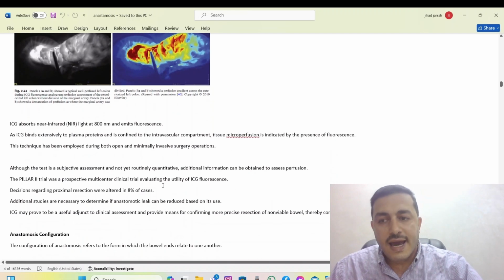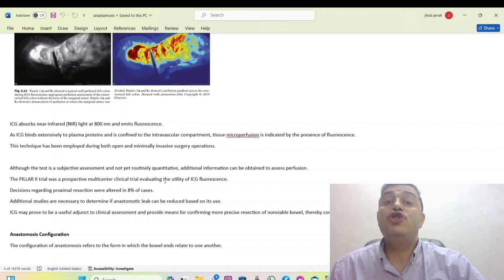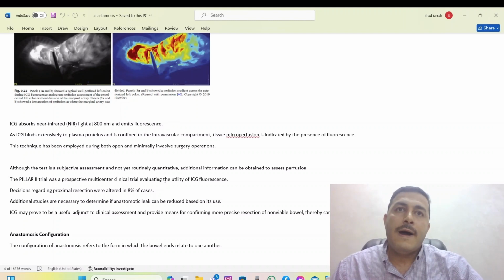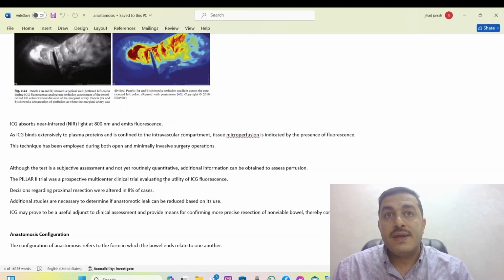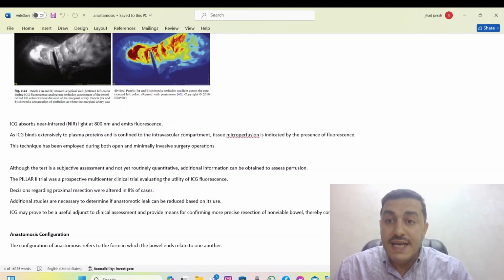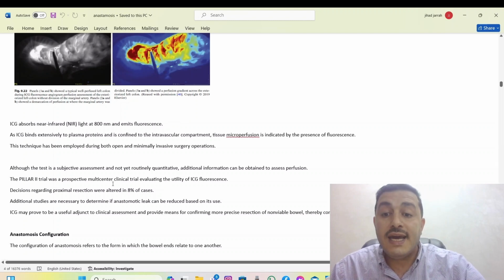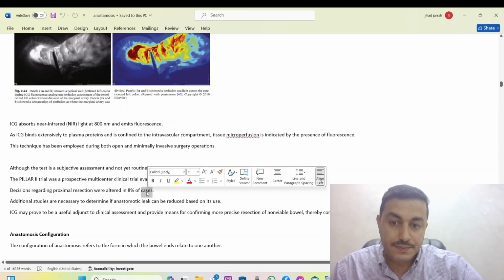Okay, again, is the indocyanine green test mandatory? The answer is no. It's used as an adjunct. One study showed that the indocyanine green test changed the decision of resection based on the clinical assessment in about 80%.